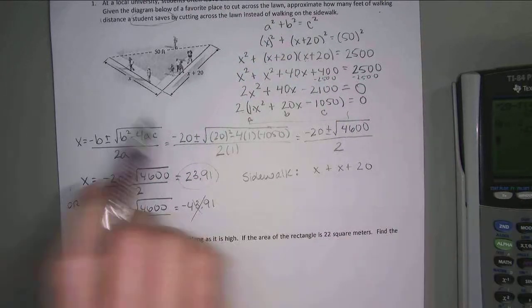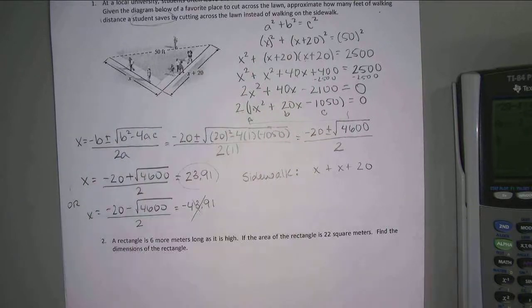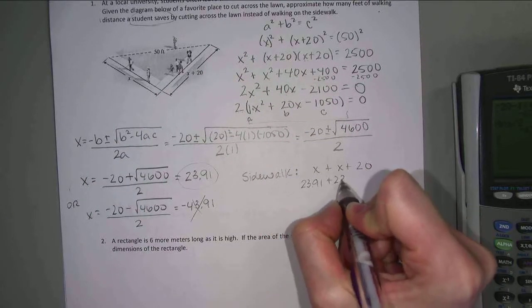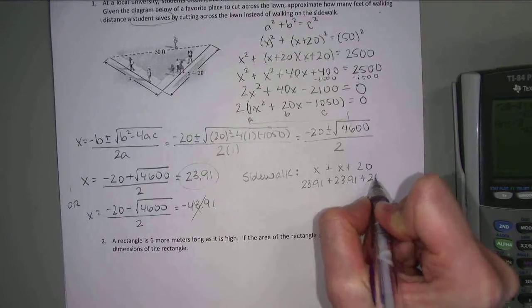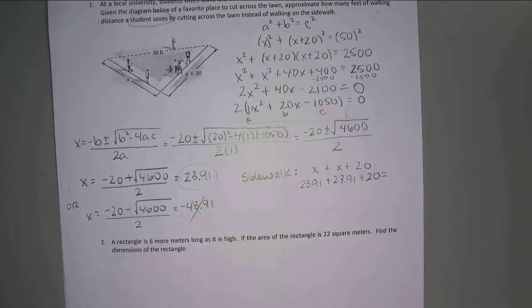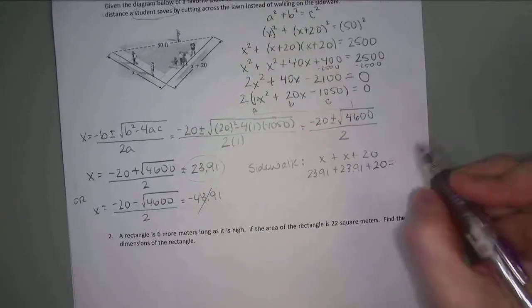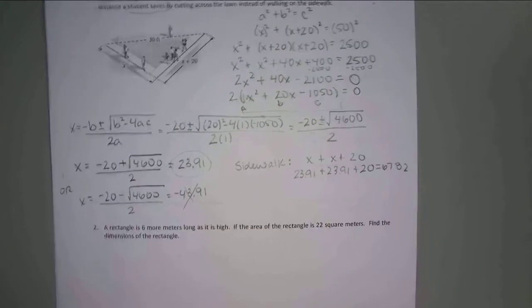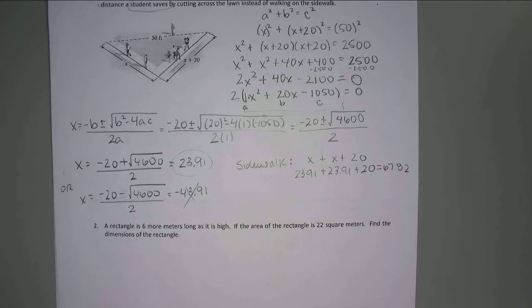Do you agree with that? x plus 20. So it'll be 23.91 plus 20, which equals what? 67.82. Is that okay? So if we walk the sidewalk, we'd walk almost 68 feet.